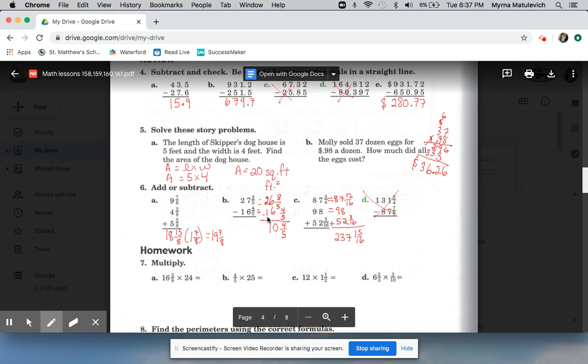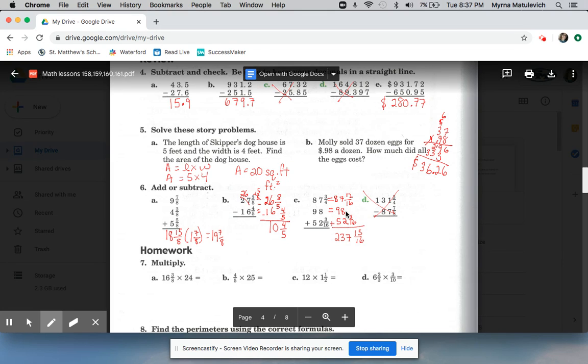And for this one, I couldn't subtract 4 from 3, so I needed to borrow from my whole number. And so I added 5/5. So basically this changed to 26, and I added 5/5, which gave me 8/5. And then I could subtract 4 from 8. And I ended up with 26 minus 16 is 10. 8 minus 4 is 4/5.